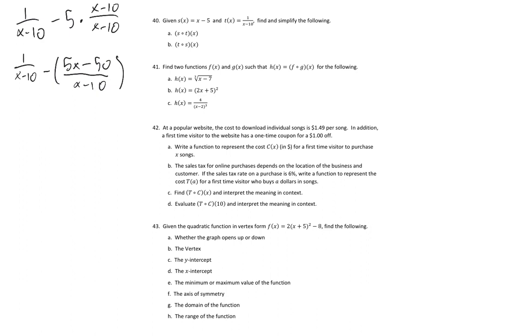And then we get (1 minus 5x plus 50) over x minus 10. And this simplifies just a little bit to (negative 5x plus 51) over x minus 10. Okay, so there's our answer for part A.